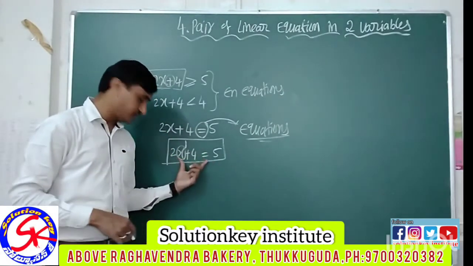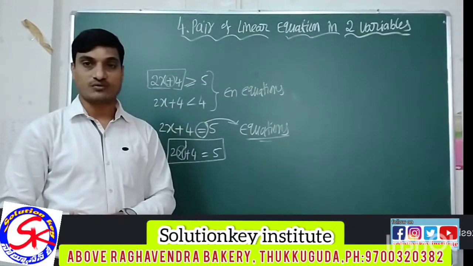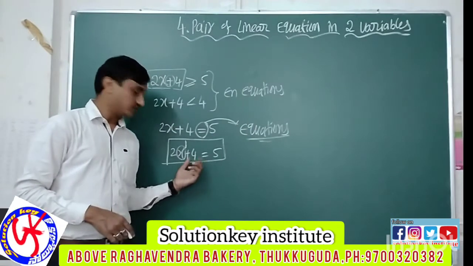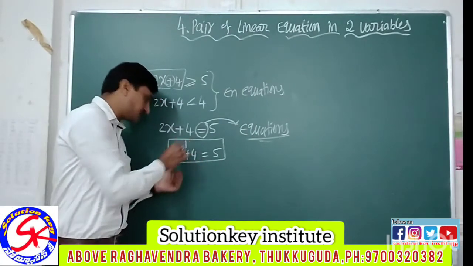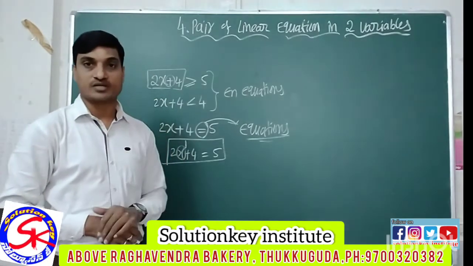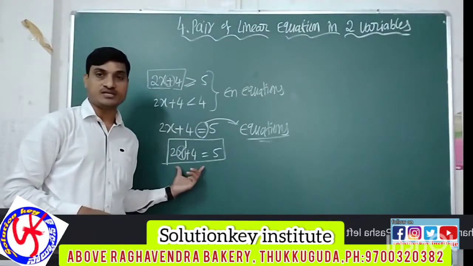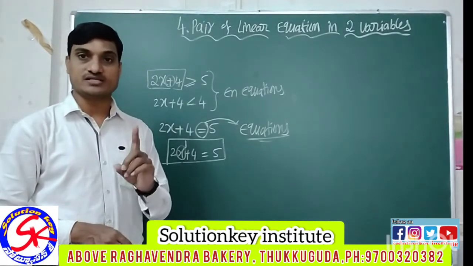So this complete term is a linear equation. Why is it a linear equation? In the given terms, only one variable is there, and that variable has the highest degree of only one. That's the reason it is a linear equation. How many variables now? Single variable. Only a single variable.